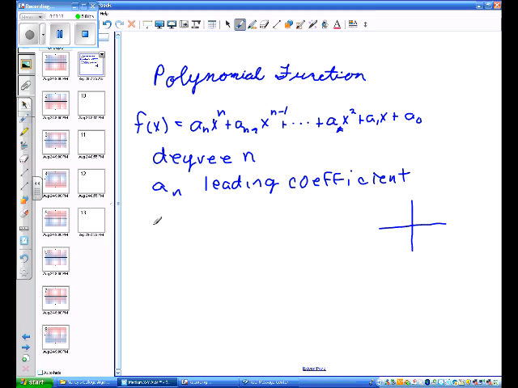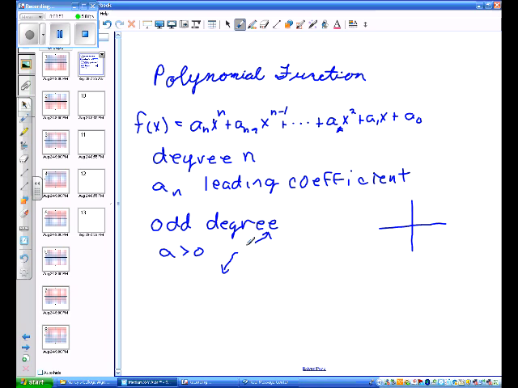And what it turns out is if your degree is odd, if your polynomial is to an odd degree, so it's going to be x to the 3rd, x to the 5th, x to the 7th, and a is positive, then what's going to happen to our ends is it's going to go down to the left and up to the right.